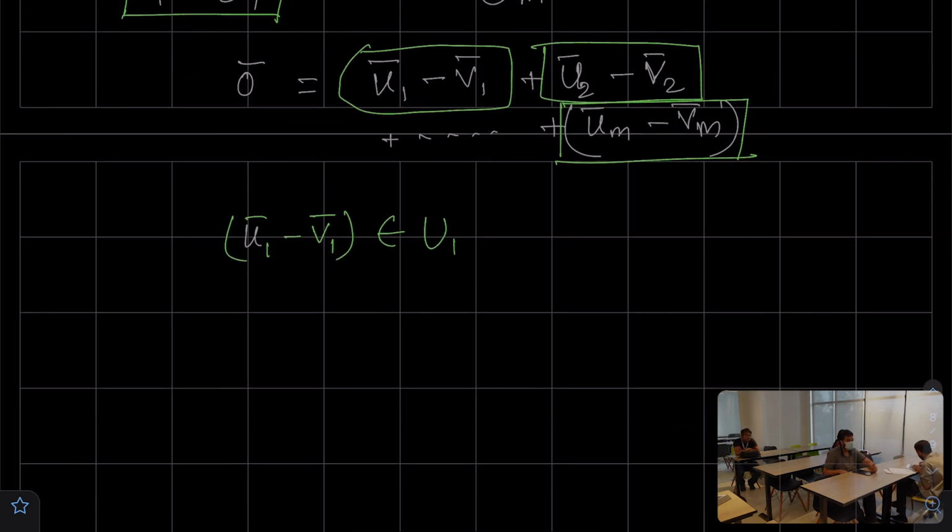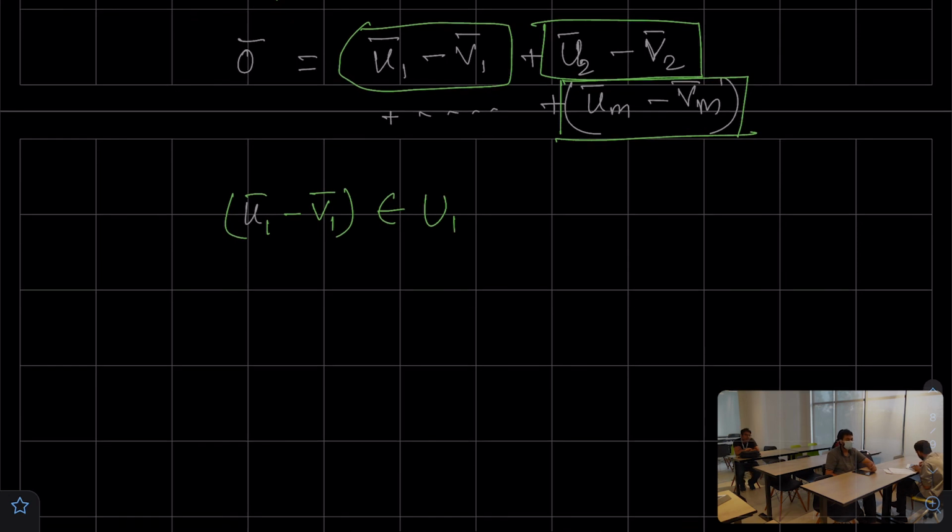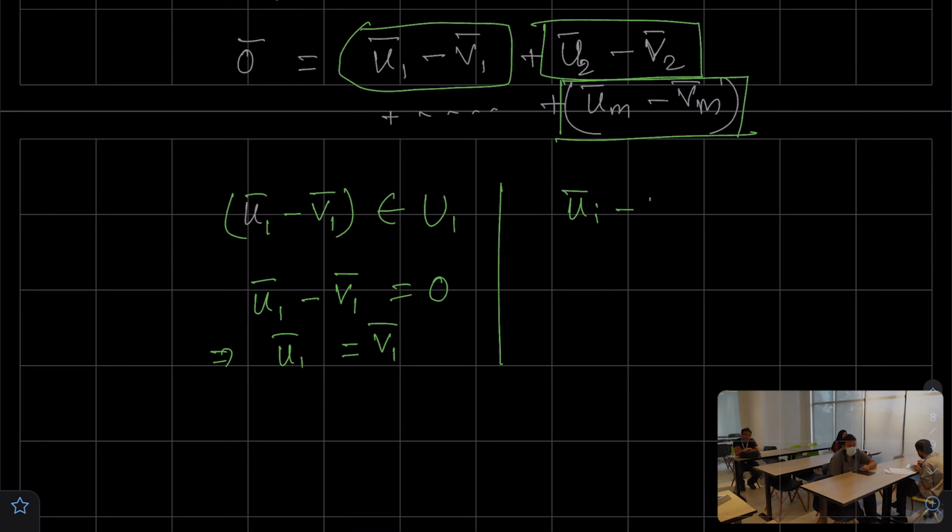That means you can write u1 vector minus v1 vector. This will be 0. That means u1 vector equals v1 vector. In general, this is ui minus vi equals 0. That means ui equals vi vector.